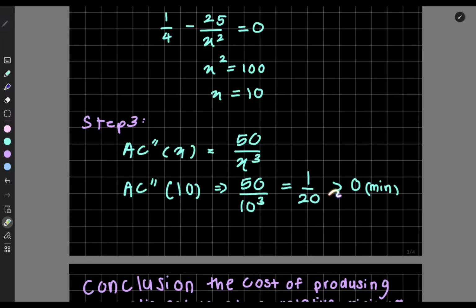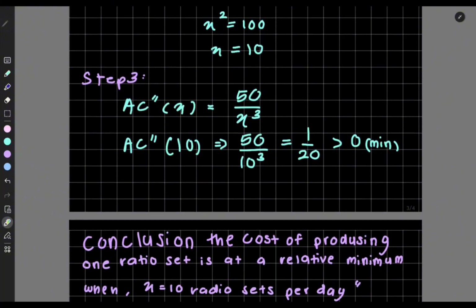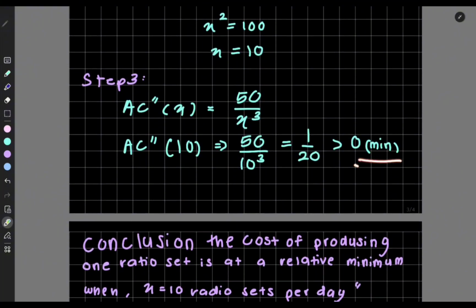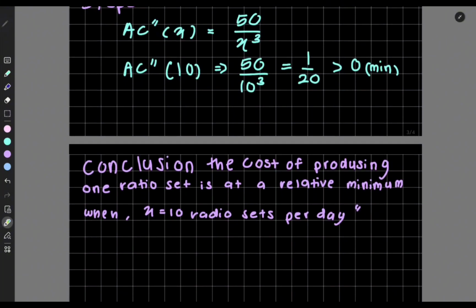That's bigger than 0, so it is a minimum. Conclusion: the cost of producing one ratio set is at a relative minimum when x equals 10 ratio sets per day. That's it for me.